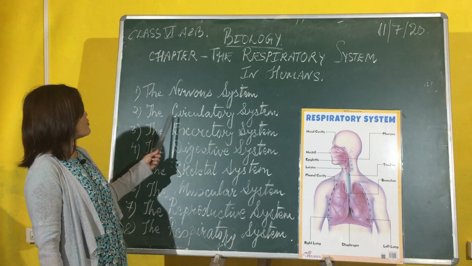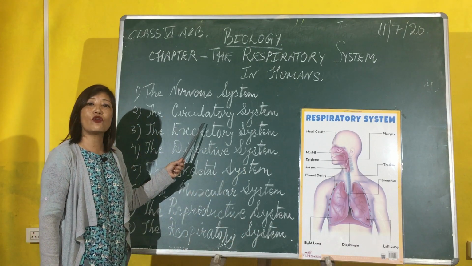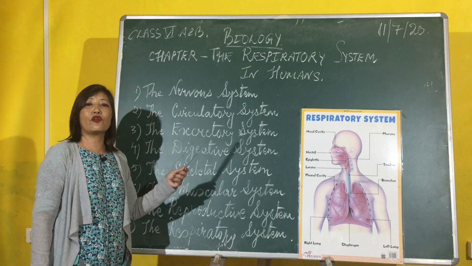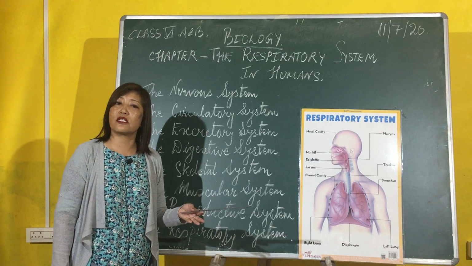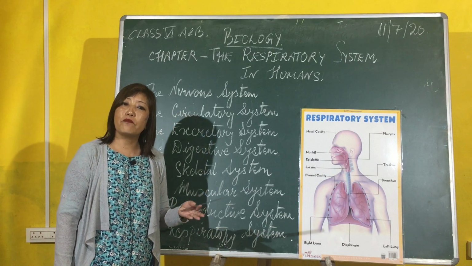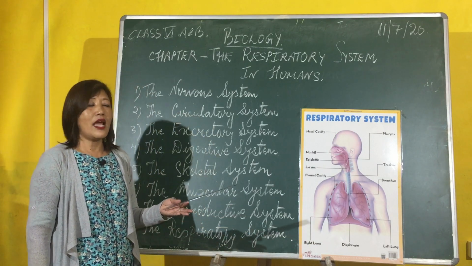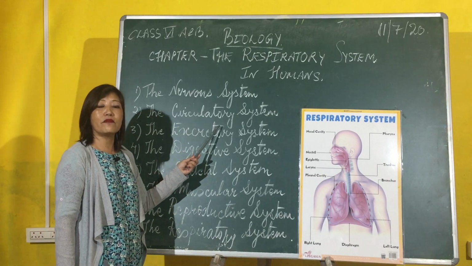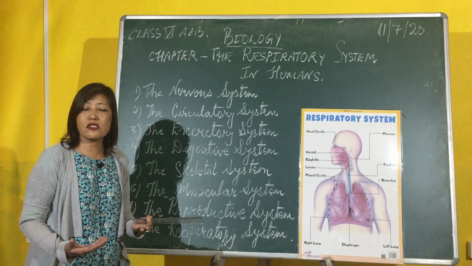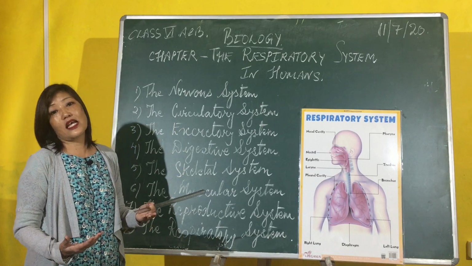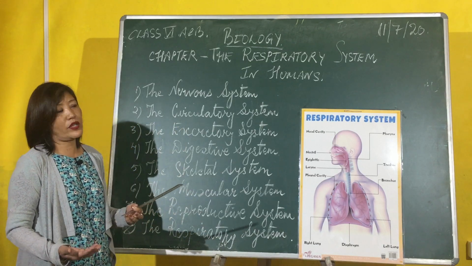The next system we have is the circulatory system. The organs included in the circulatory system are the heart, blood, and blood vessels. And this circulatory system helps to circulate blood, oxygen, and nutrients inside our body, okay.